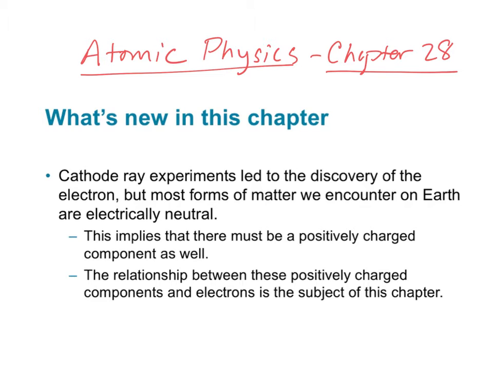It's the next phase of modern physics where we're going to talk about the atom and the structure of the atom, which was another major area of experimental investigation in the early 1900s as they started to have instruments and methods to examine matter on a smaller and smaller scale.